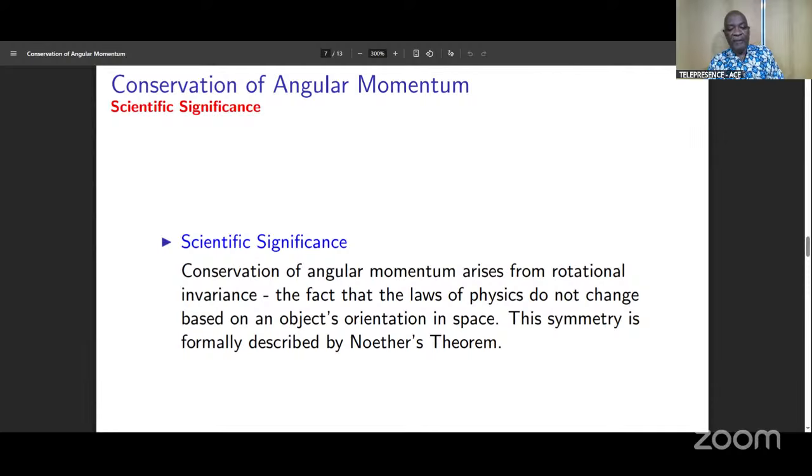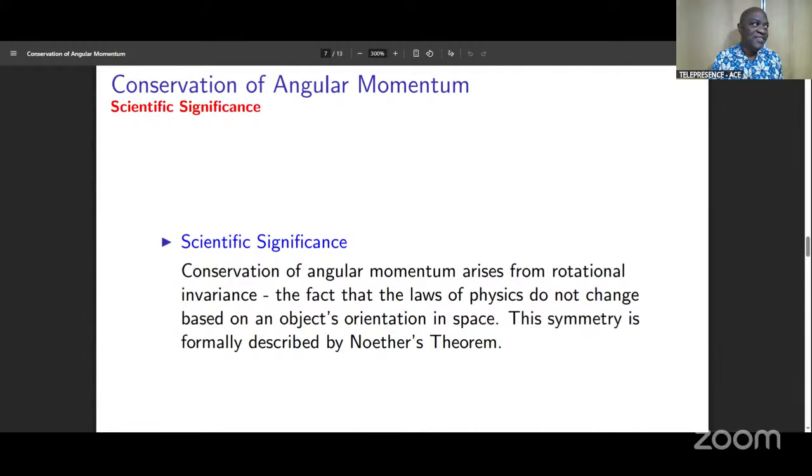Now, there was a mathematician, a mathematical physicist, Emmy Noether, a German mathematical physicist who lived until 1935, who established a very important theorem that anytime you have a system that has some continuous symmetry, there is a conservation law associated with that symmetry.